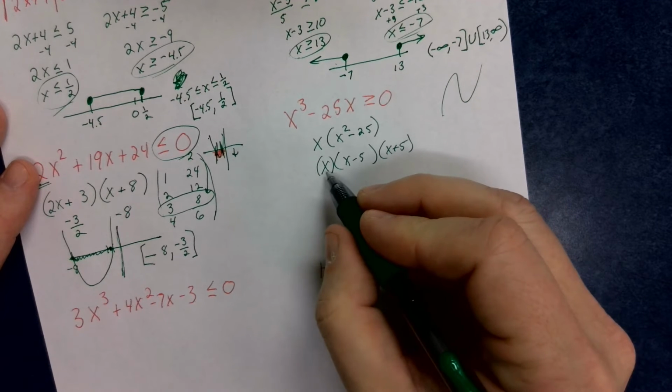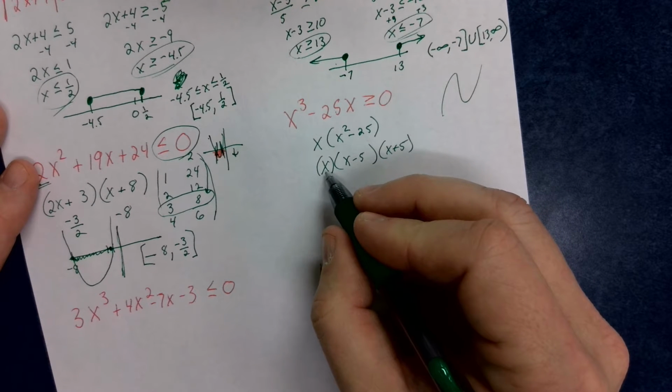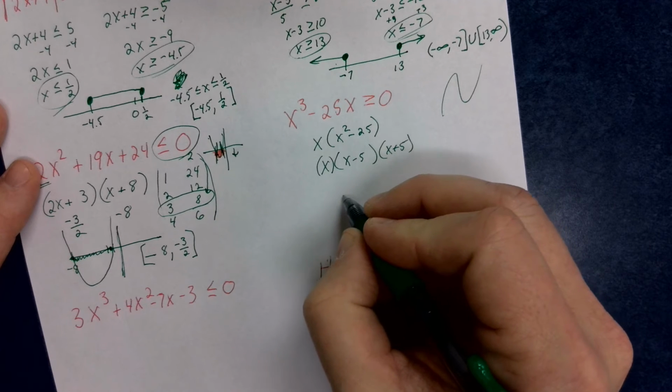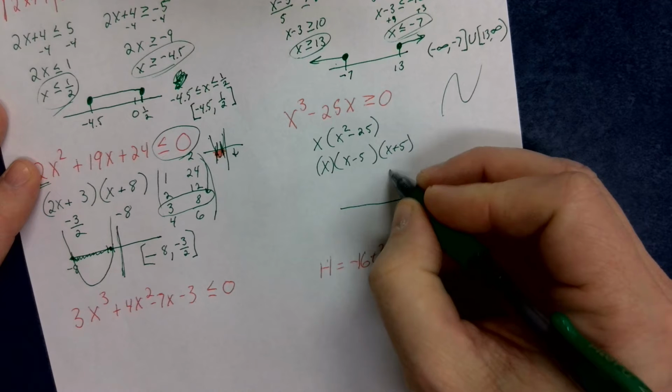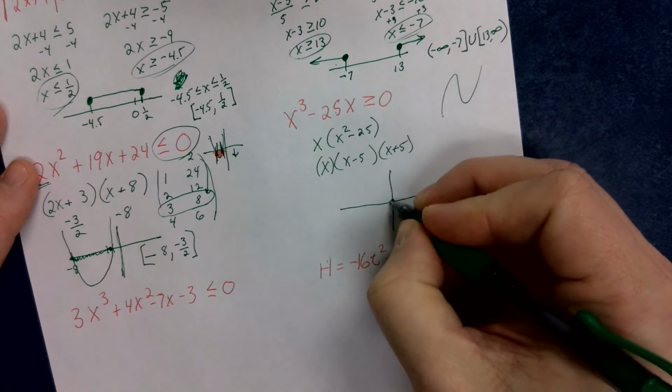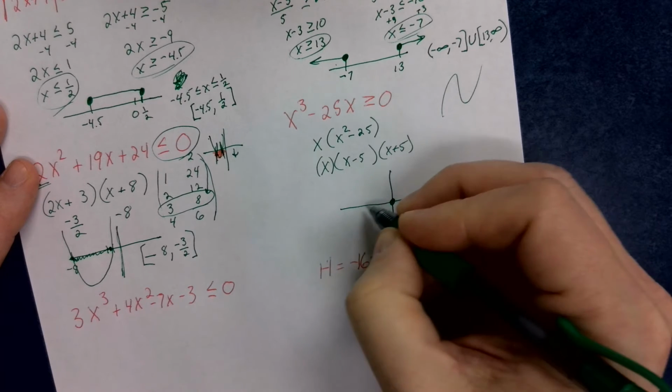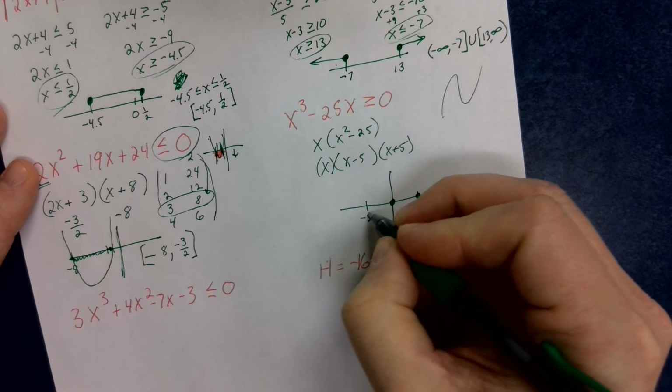So I know, because it crosses the x-axis at the places that are equal to 0 for this, this, and this, let's go ahead and draw my axis system out. I know it crosses right here, I know it crosses right here at 5, and I know it crosses right here at negative 5.